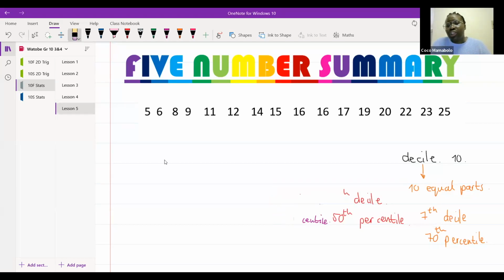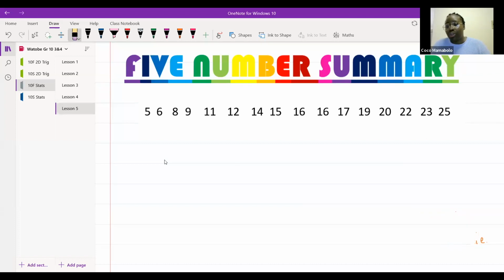Now, the way we're going to find these deciles and percentiles is we're going to use the idea that all of these are out of 100. Now, I'm going to explain. Let's say, for instance, I calculate that the 70th percentile is the person in our class who got 19 out of 25. 25 is the highest that you can get out of this test.